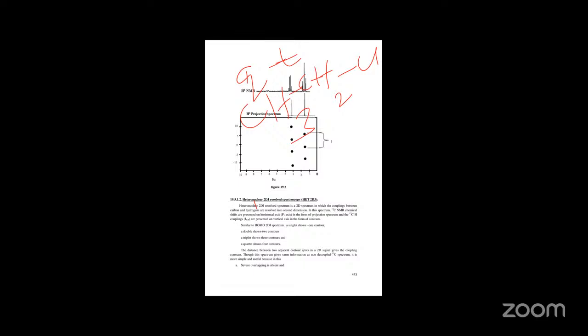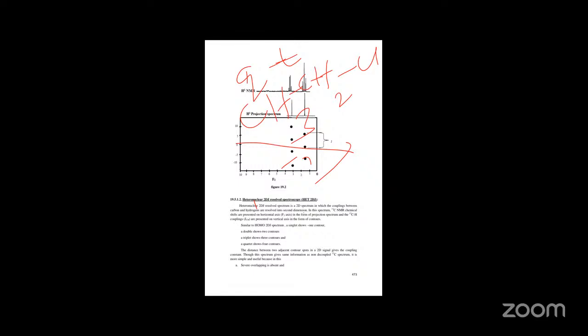For the quartet, four lines. For the triplet, it is three. If there is no coupling, it lies on the zero line here.